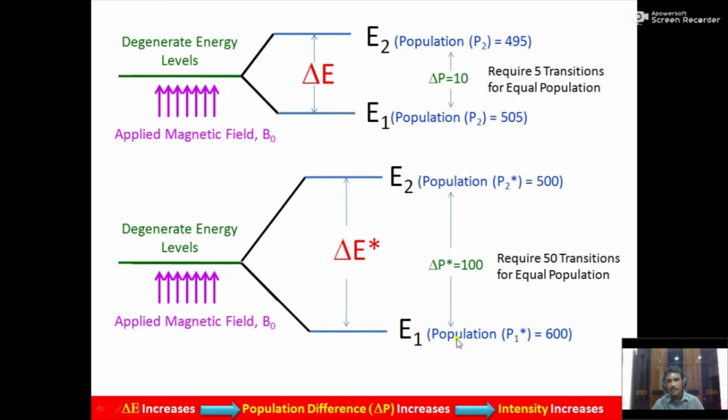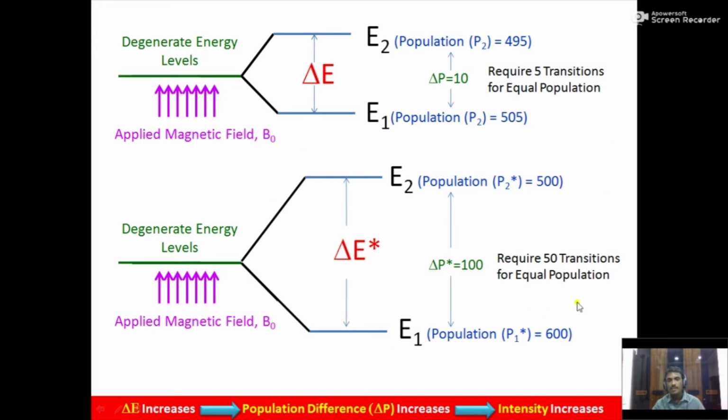You can see that the population of E1 in this second case, E1 star, is equal to 600, and the population of the higher energy state E2, the P2 star population state, is 500, so we can see that the population difference is 100. So at least we require 50 transitions to make the population of the two states equal.